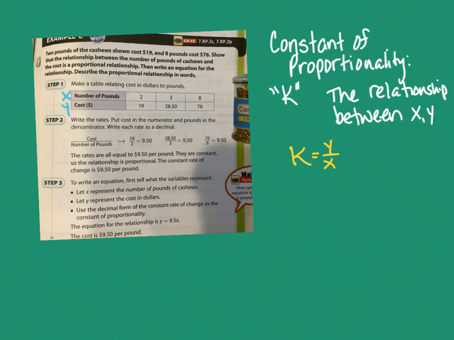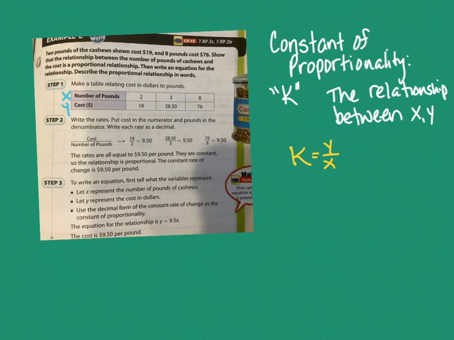Anyways, it's frequently referred to with the variable k, and it refers to the relationship between x and y, like x being a set of data and then getting y as the result of that data. To find the constant of proportionality, you could say k will equal y divided by x, or y over x. So you flip the way the table has it, y divided by x.